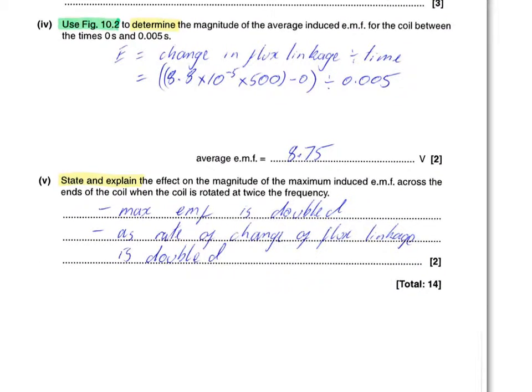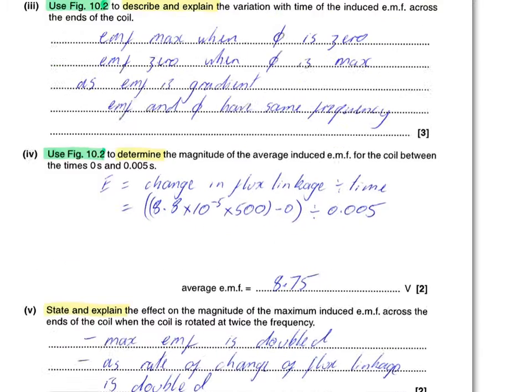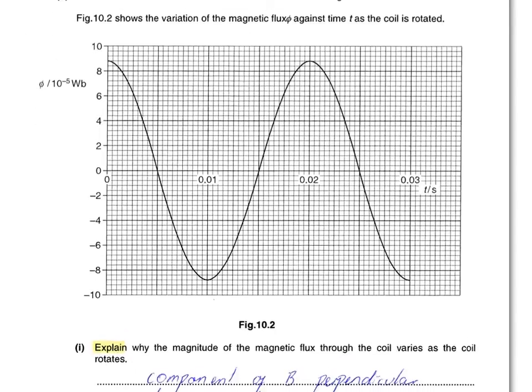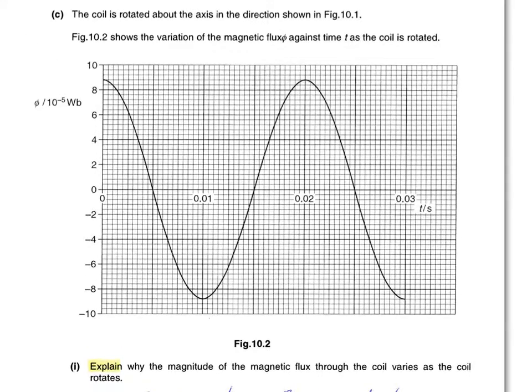State and explain the effect on the magnitude of the maximum EMF across the ends of the coil when the coil is rotated at twice the frequency. Now if we go back to the graph, I've also seen this question asked about asking you to sketch an EMF against time graph, because there are two changes.